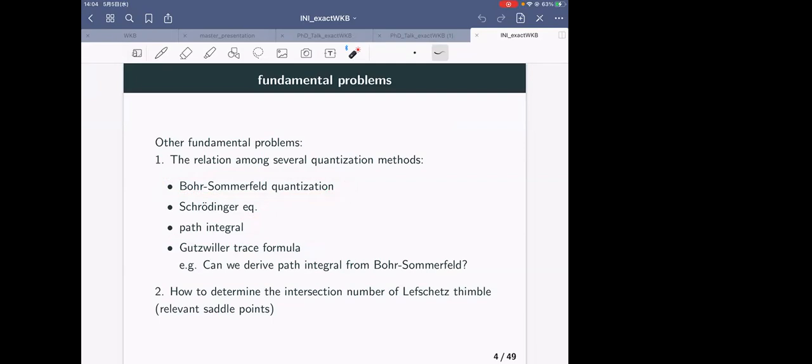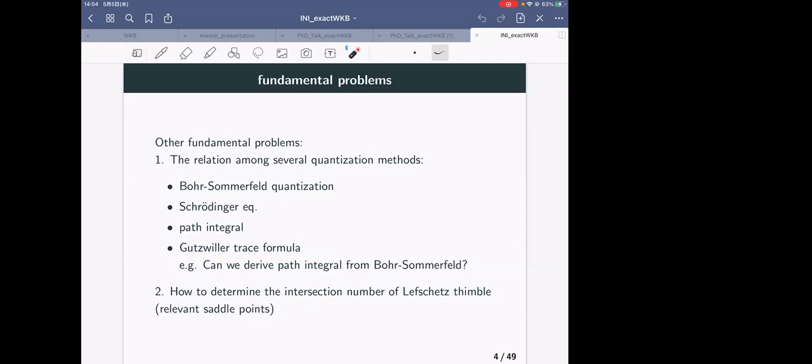So indeed, there are several quantization methods, but can we derive the path integral method from Bohr-Sommerfeld quantization? And we know there are Stokes phenomena in path integral. So can we show the Stokes phenomena in the Gutzwiller trace formula or other quantization methods?